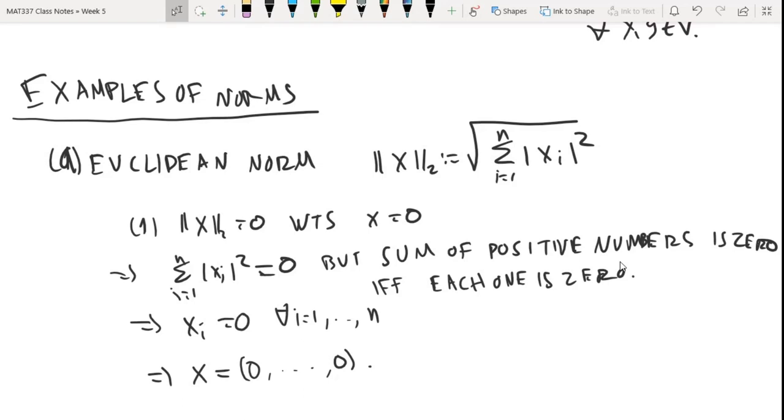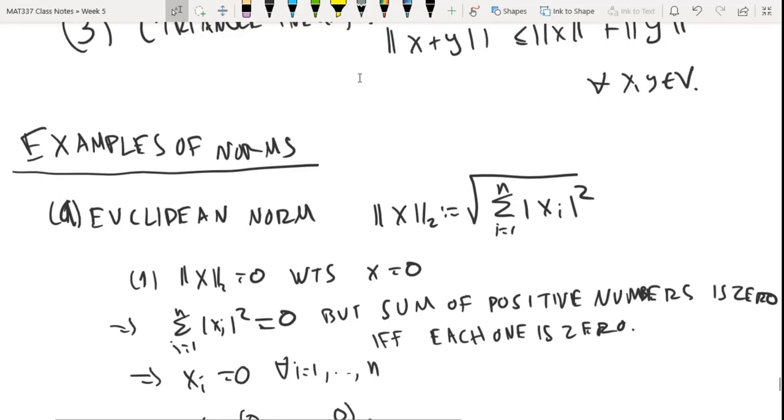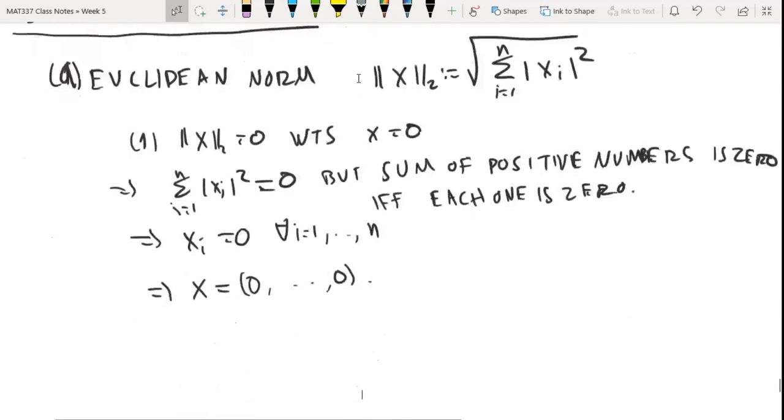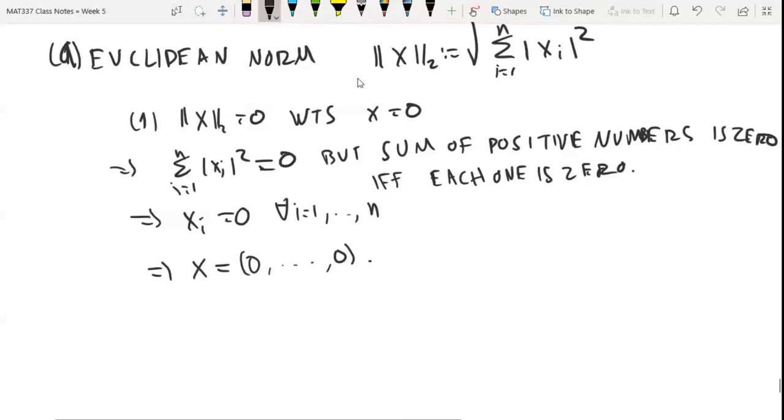Is there anything special? Right. Well, I guess a good picture to have in mind is just the Euclidean one.